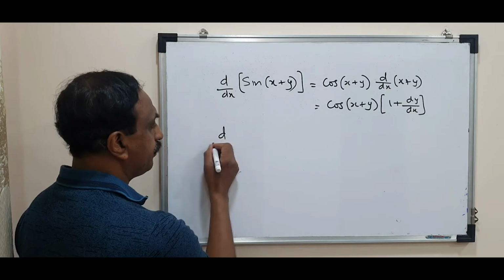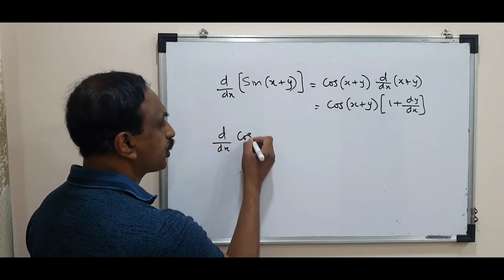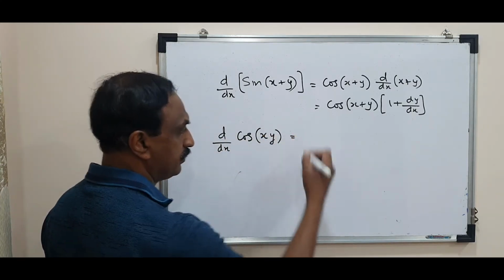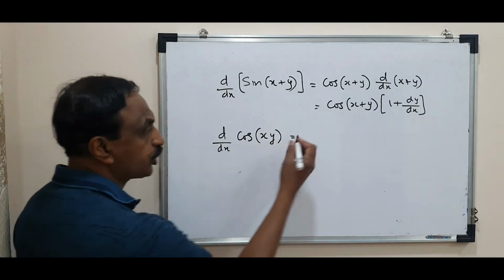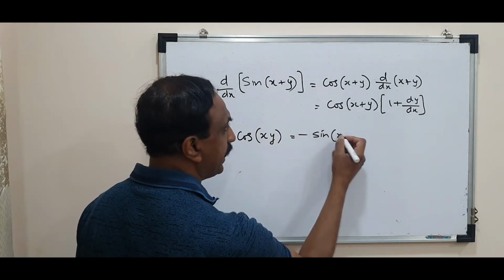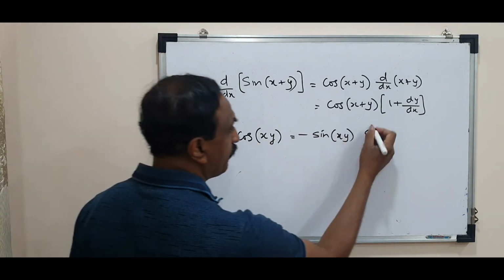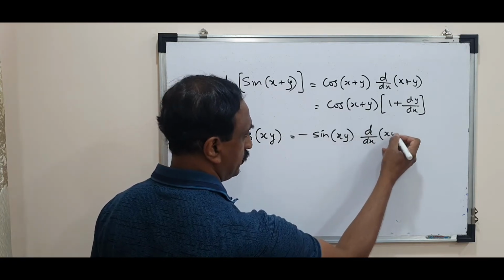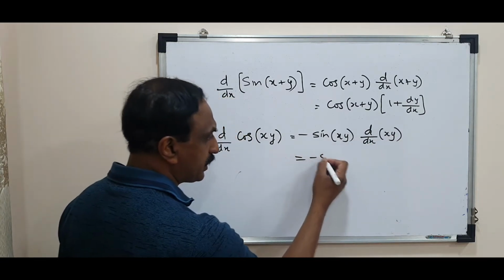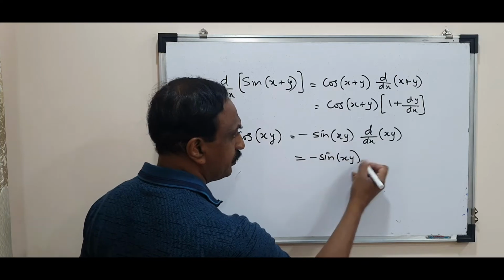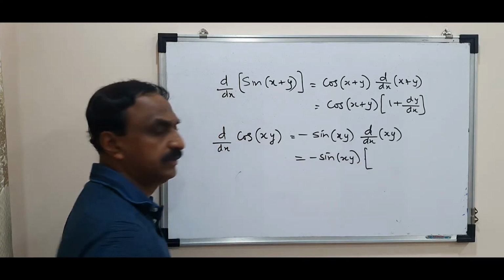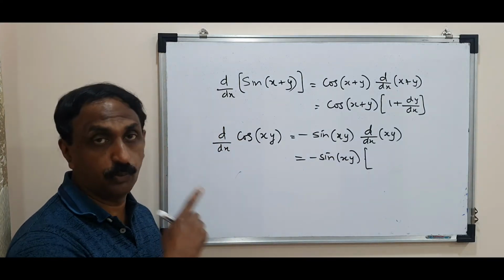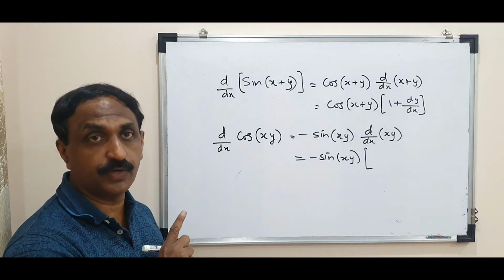Let's look at another one. Derivative of cos of xy. What will be your answer? Cos will change to minus sine xy into the derivative of the angle. When you differentiate xy, what do you need to apply? The product rule. Brackets are most dangerous in this type of implicit function.